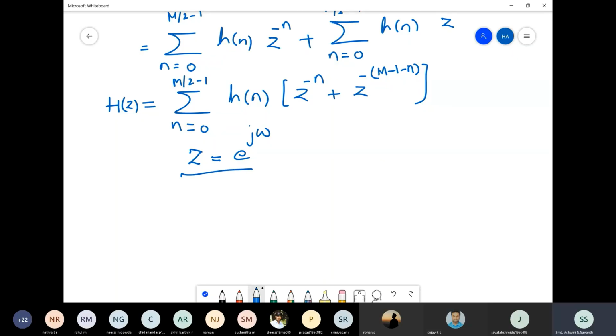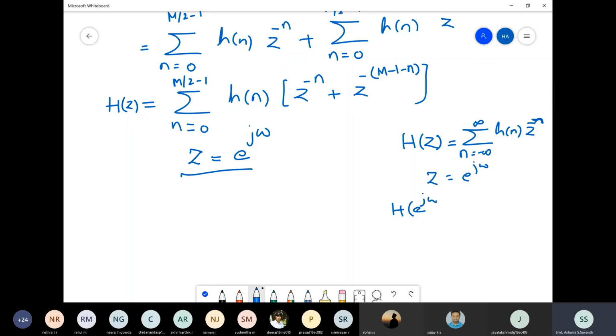So how do we get this relationship? It's quite obvious. The general formula for H of z is summation h of n z to the power minus n. This is the Z transform of the sequence h of n. Now if you make the substitution z equals e to the power j omega, what do you get?